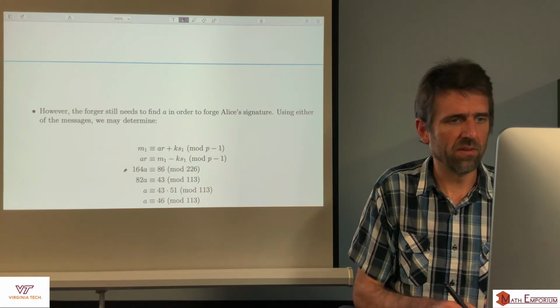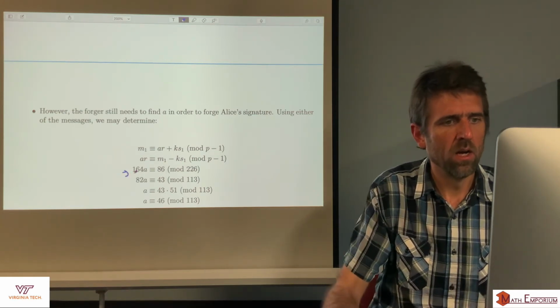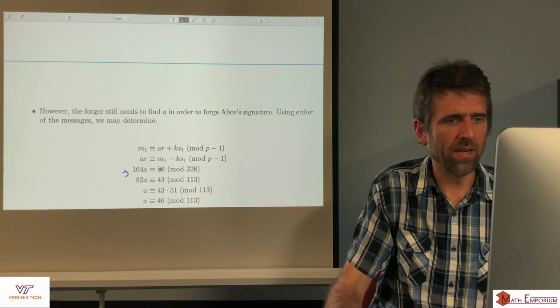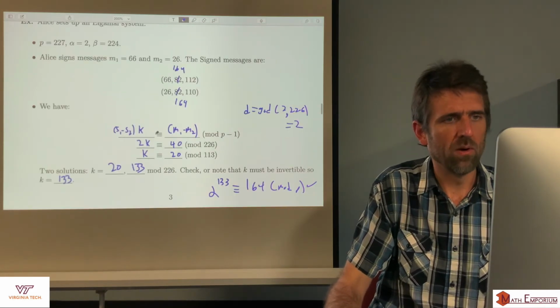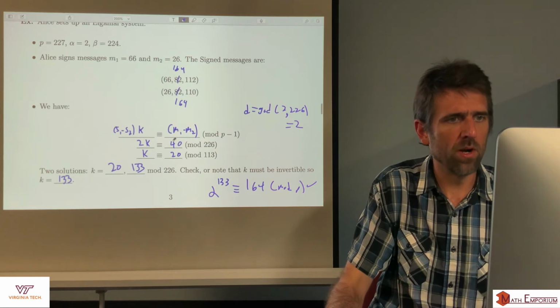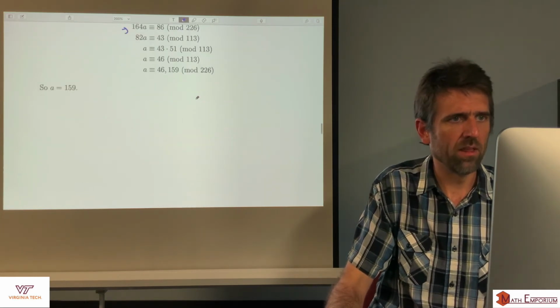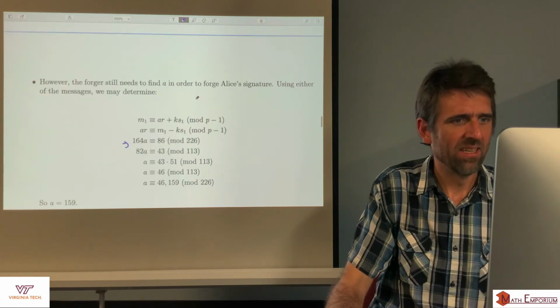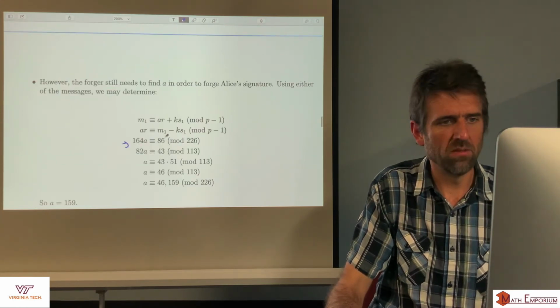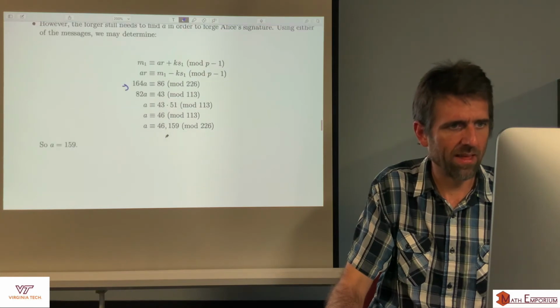So R was 164, so that's just plugging in for R. And then if I plug in the values corresponding to M, so 66 for M1, 112 for S1, and then 133 for K, that right-hand side should reduce to 86. So you can check that.